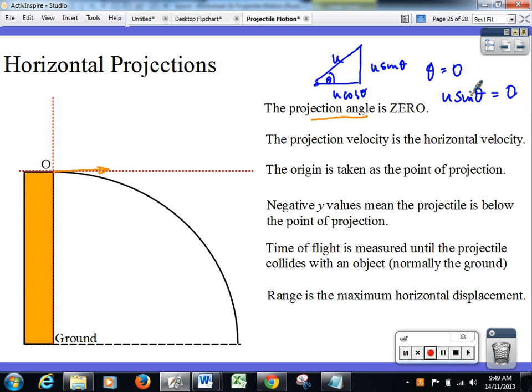So if cos theta equals 1, then ux would equal u. Because u cos theta is ux, it's u times 1. So the projection velocity, which is u, is the same as the horizontal velocity, which is ux.